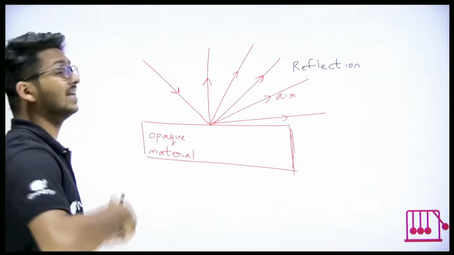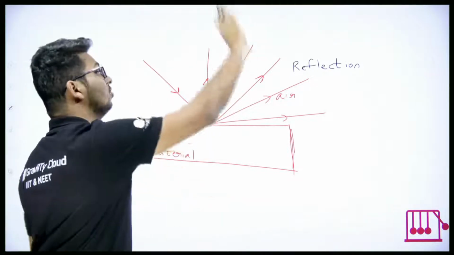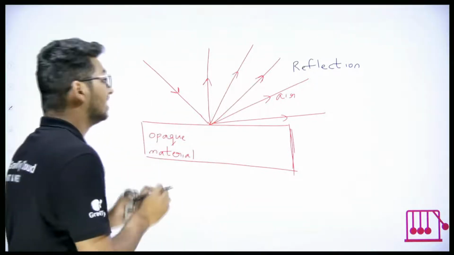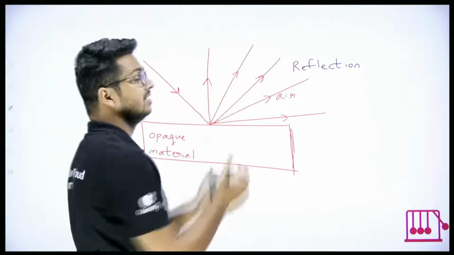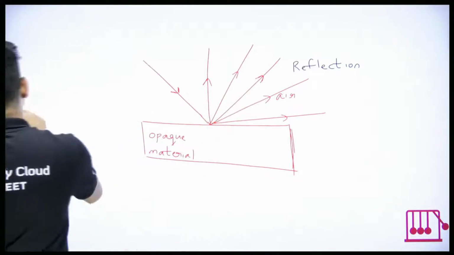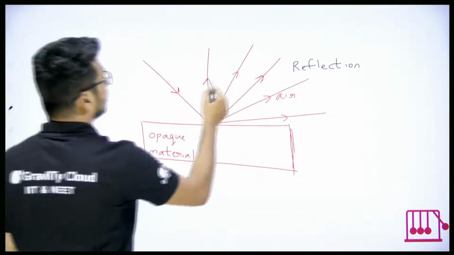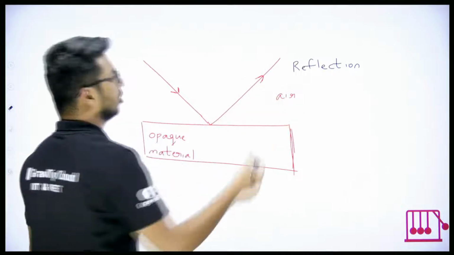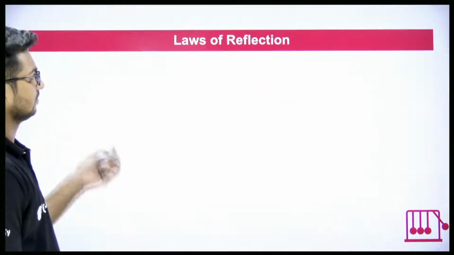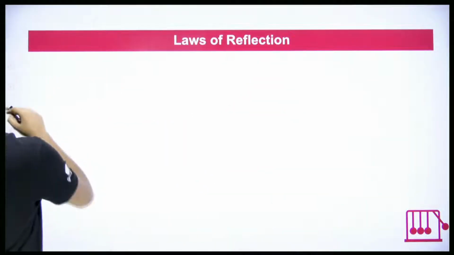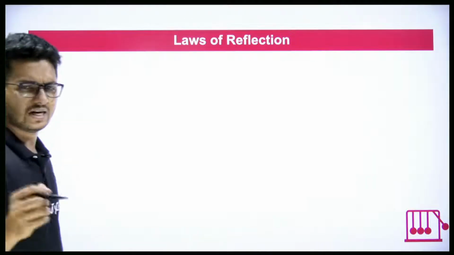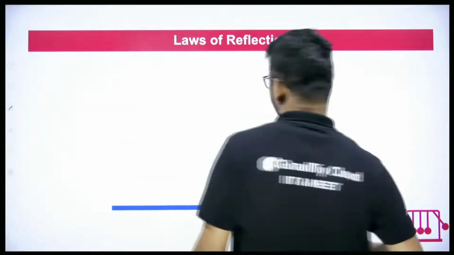But in which direction will it exactly go back into the medium? In which direction will the light be reflected back exactly? That we'll understand through the laws of reflection. Okay. So let's go into that. Let's first look at a simple animation, how it is going to be.